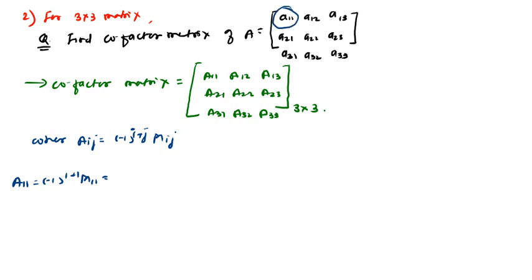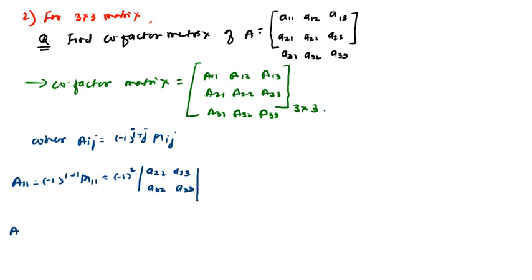Okay, A11 element is here. Okay, so hide the row and the column where that element is present, and we need to take this determinant. Okay, so what we will get, this will be minus 1 raised to 2 into the determinant. What determinant? A22, A23, then A32 and A33. Okay, and solve this determinant.